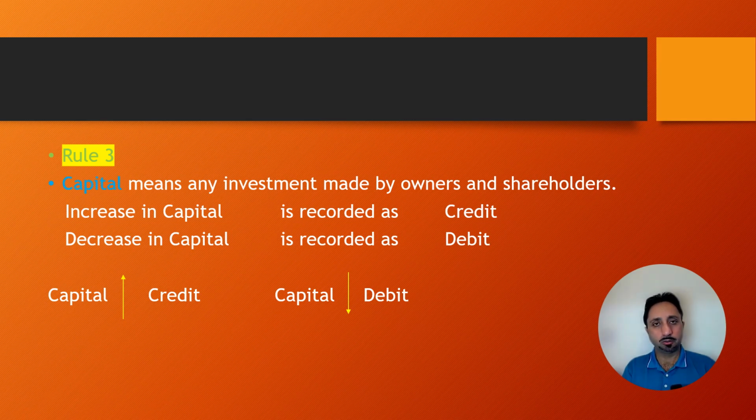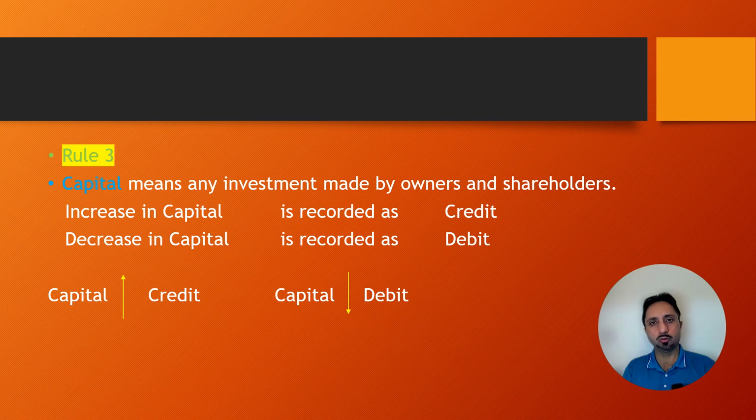Rule number two and three are opposite to rule number one, because rule number one is increase in asset has to be debited and decrease in asset is credited. Now these rule number two and three are opposite to that, and that makes sense because that is exactly according to accounting equation, which is assets are equal to liabilities and capital.